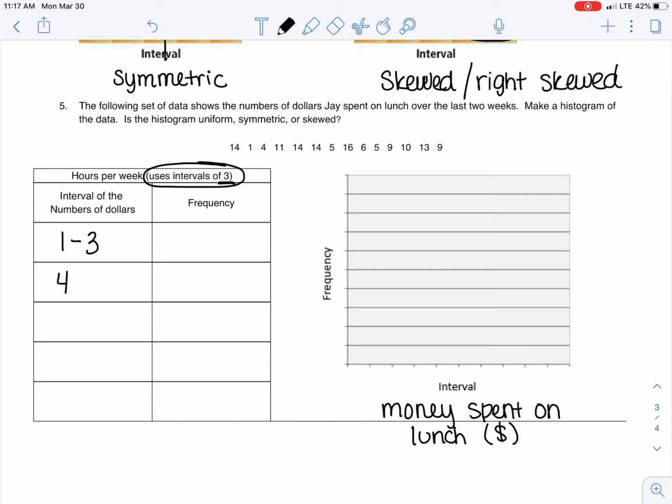Then we go 4. Oh, I'm sorry, not 4 to 7. 4 to 6. Then 7 to 9. 10 to 12.